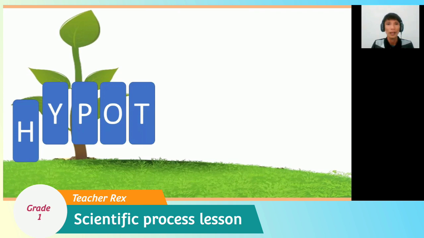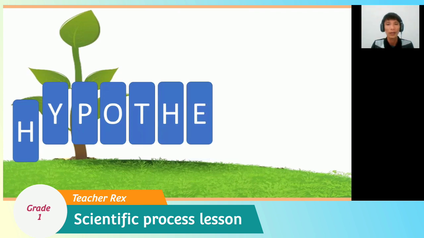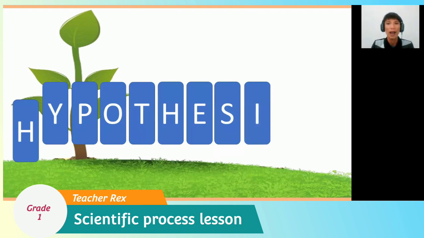T. Next letter is H. Another letter is E. And another one is S. Next is I. And the other one is S. So what is this?